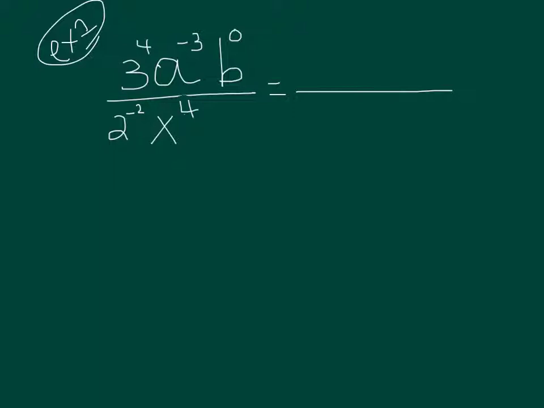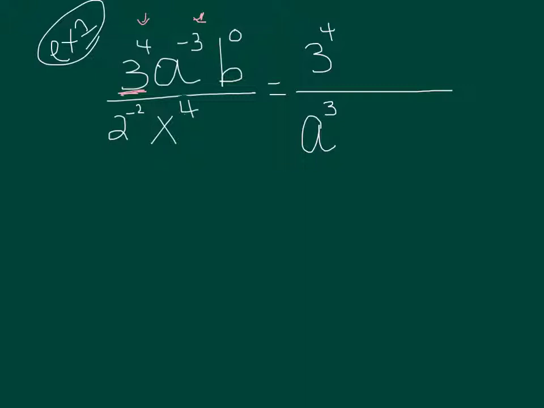I see 3 to the 4th. It has a positive exponent, so I'm going to keep it where it is in the numerator, 3 to the 4th. Okay, now I look at a to the negative 3. That's a negative exponent, which means it's got to move. Okay, I'm bringing it down to the denominator. So it's going to be a to the 3rd. Right? When I move it, it now becomes a positive exponent.